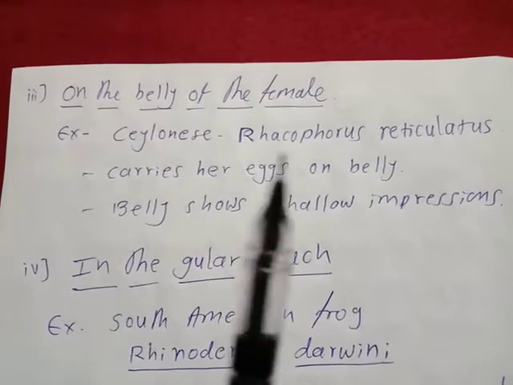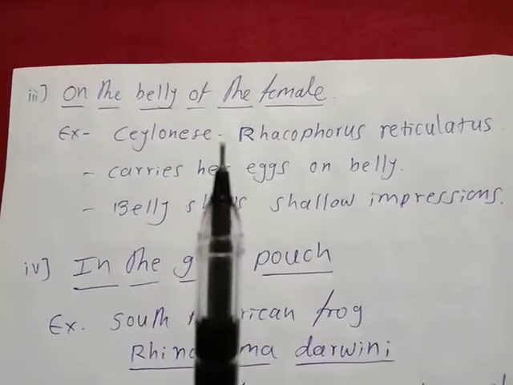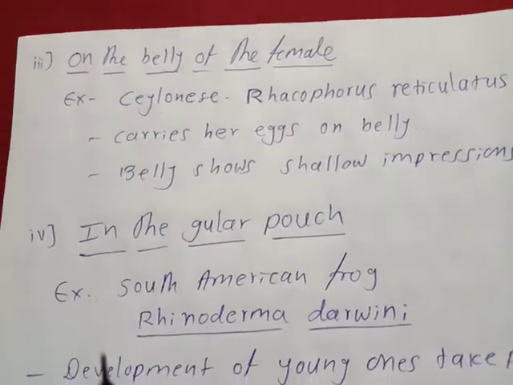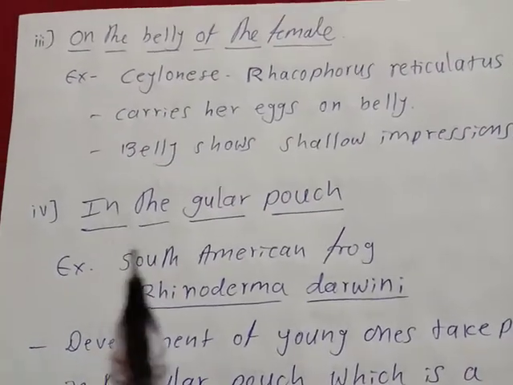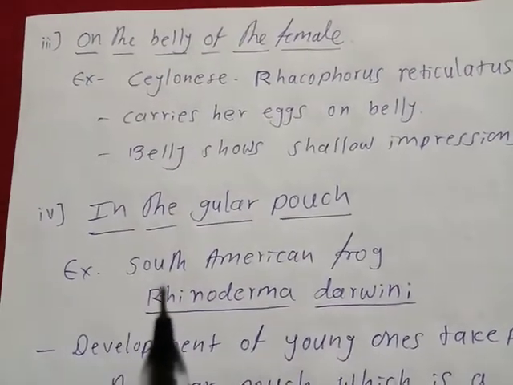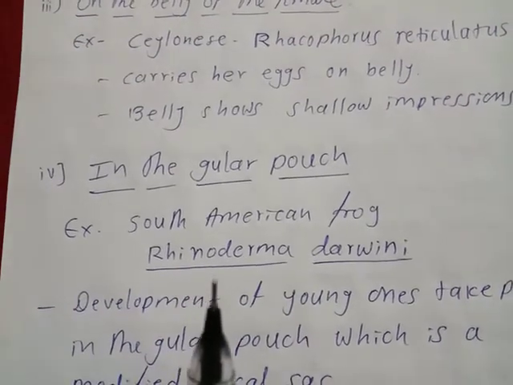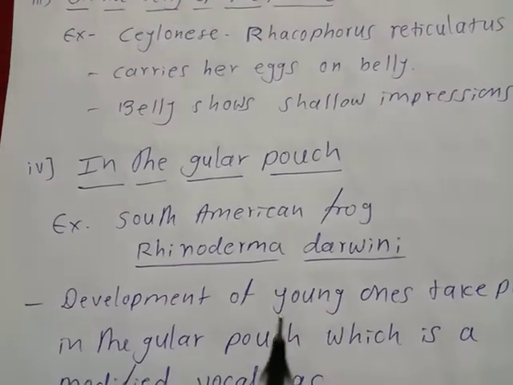So that is also one type of parental care which is taken by the female. And fourth one is by the gular pouch. Example, South American frog, that is Rhinoderma darwini.